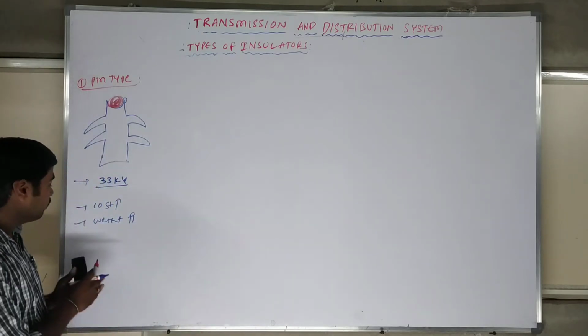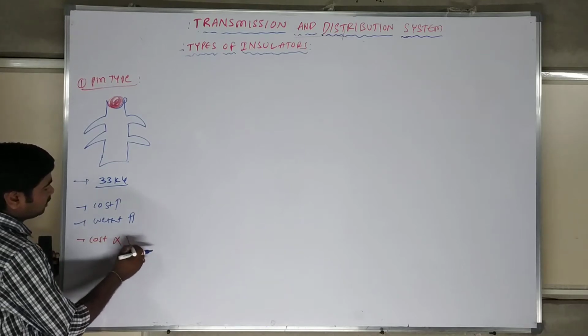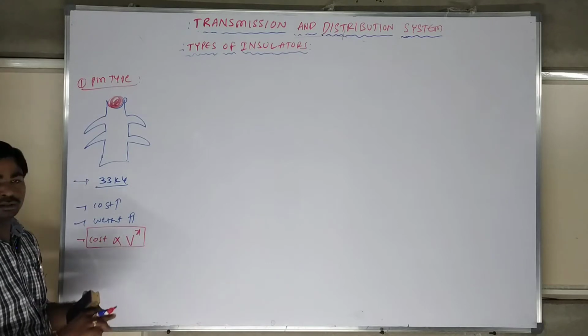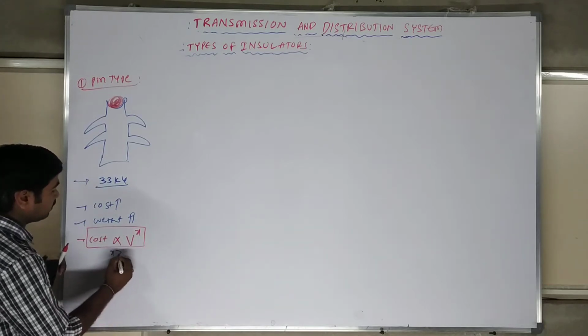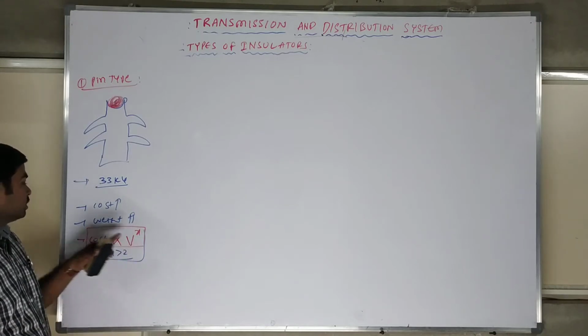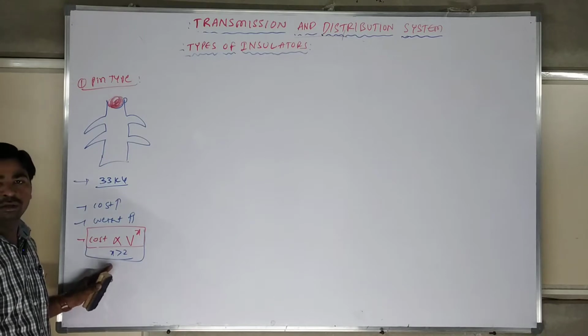We have one relation: the cost of this insulator is proportional to V^x, where x is a constant and its value is greater than 2. This depends on the manufacturer's design. When voltage increases, the cost also increases. The x depends on the design.